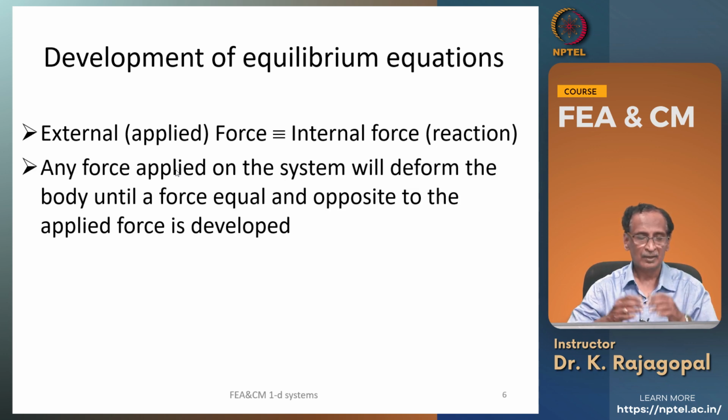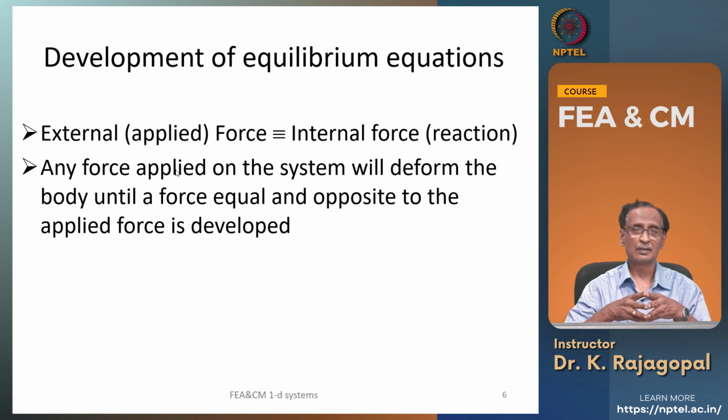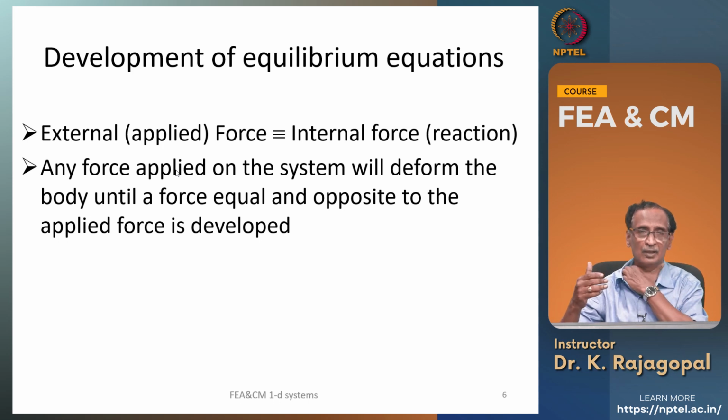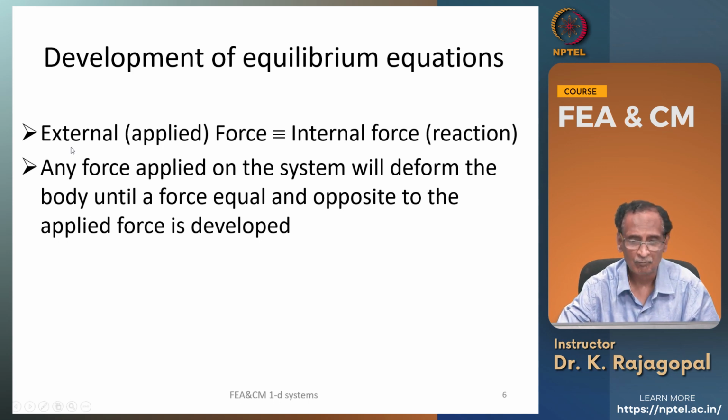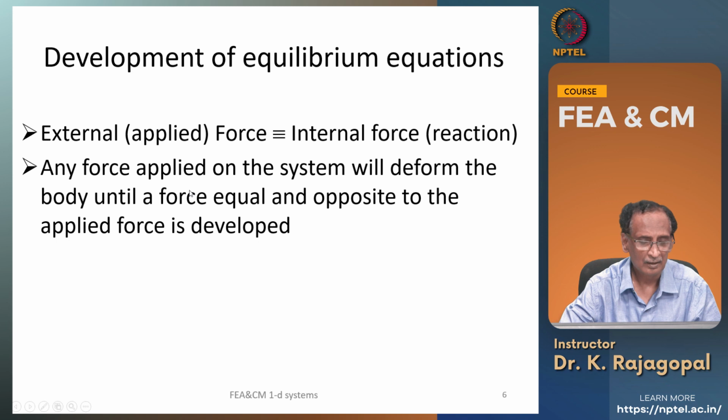And so, any force that we apply on the system will produce some deformations that we may be able to measure with a ruler or with a micrometer or something, depending on the magnitude of these deformations, okay.